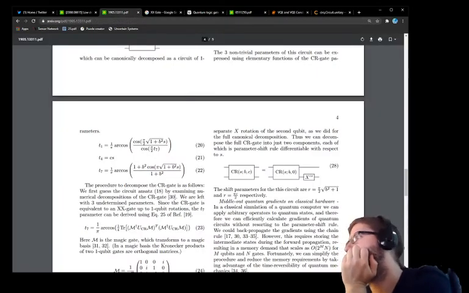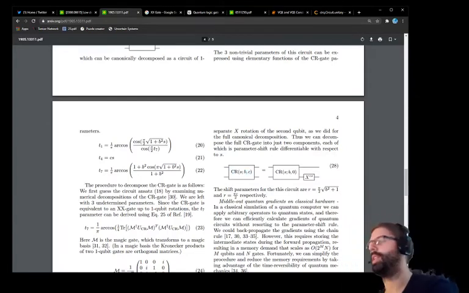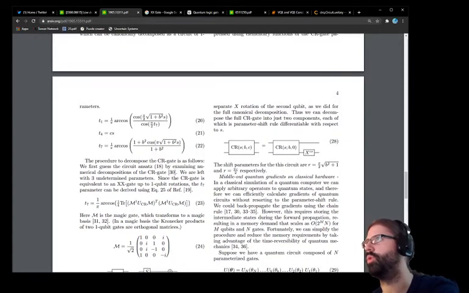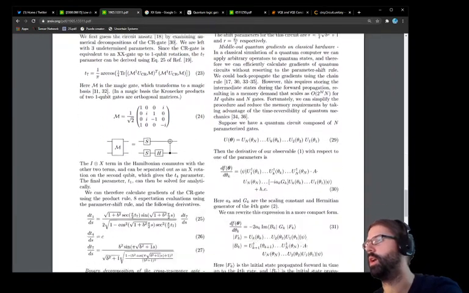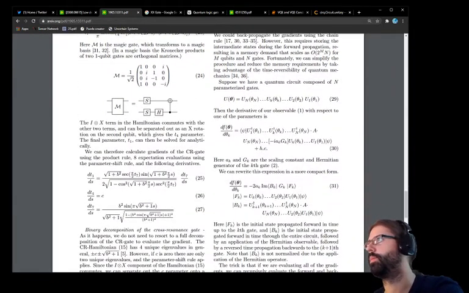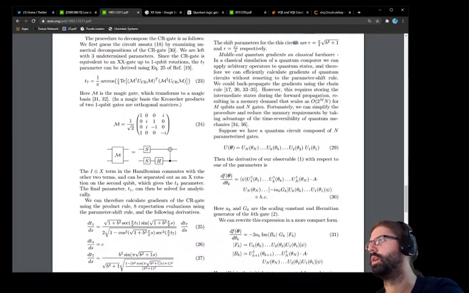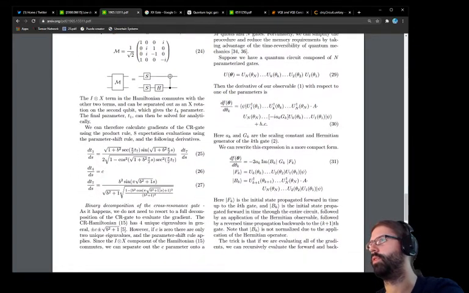Whatever. I think it's all good, but at the end of the day, that just tells you how you would need to calculate the derivatives. Those are the shift parameters, I guess. You can calculate based on these, right?